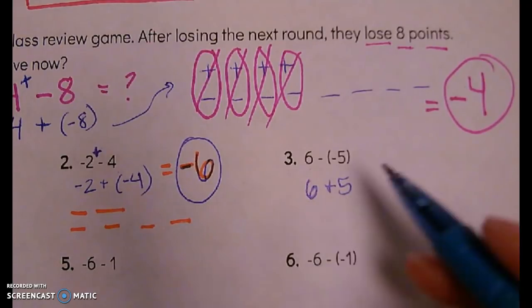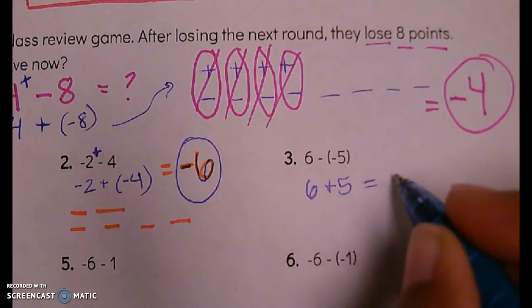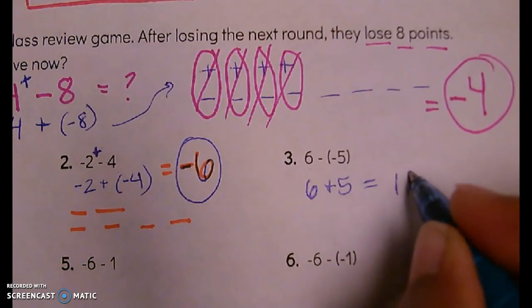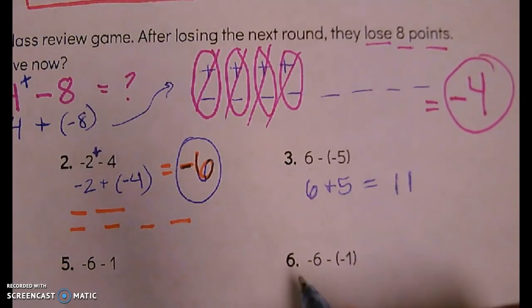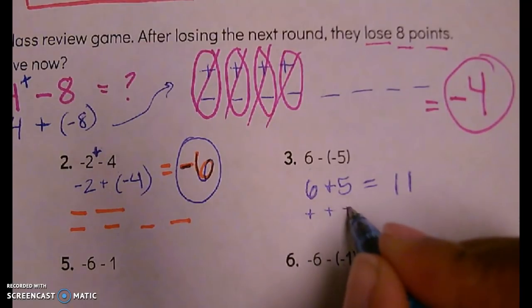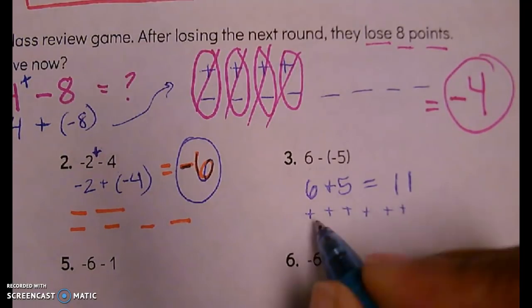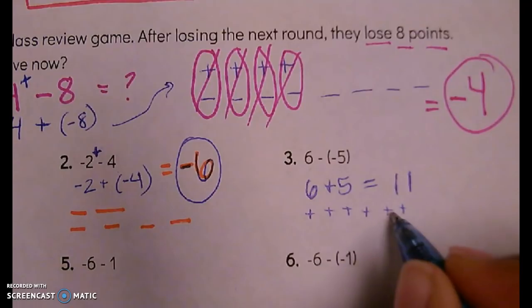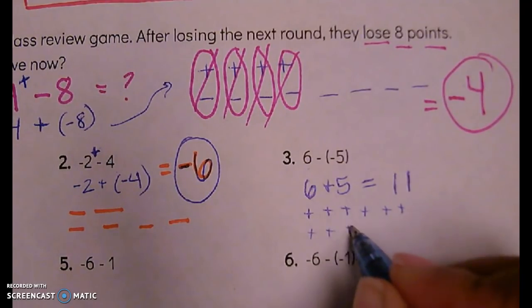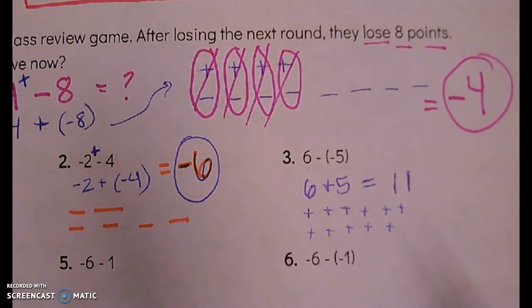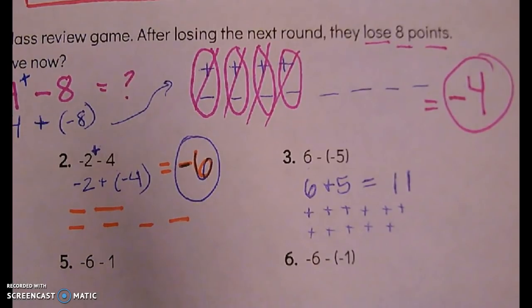And we know that a positive plus a positive is going to give us the positive number 11. Okay? If we want to show our work and draw the pictures, we would get that same thing. 1, 2, 3, 4, 5, 6. 1, 2, 3, 4, 5. That's 11 positives, so our answer is positive 11.